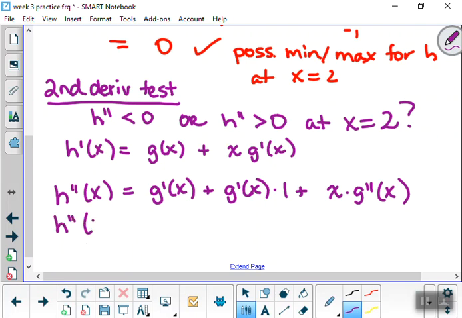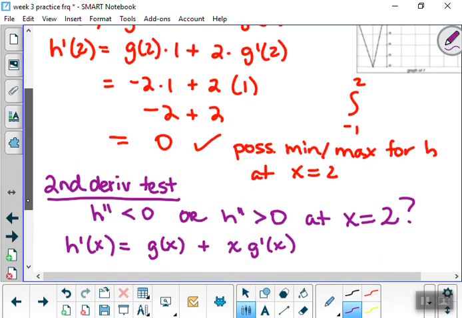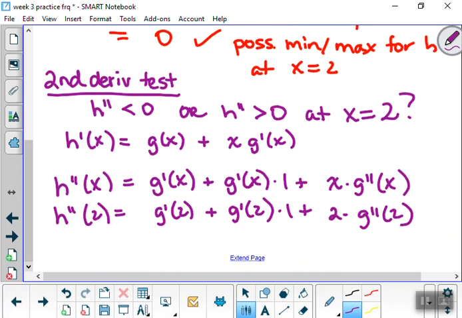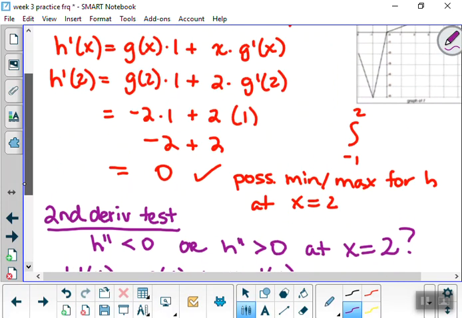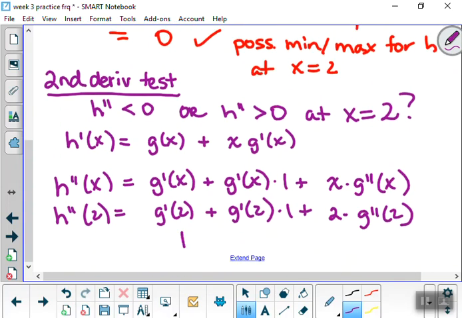H double prime at 2 is going to be g prime of 2 plus g prime of 2 times 1 plus 2 times g double prime of 2. We've already had the information about g prime of 2. Okay, g prime of 2 equals 1. So this is 1, and this is 1 times 1, and this is 2.